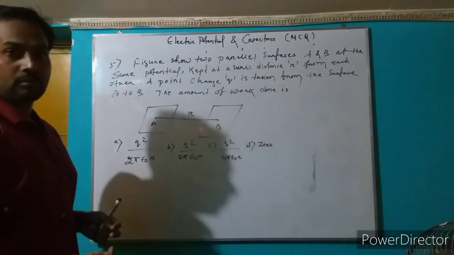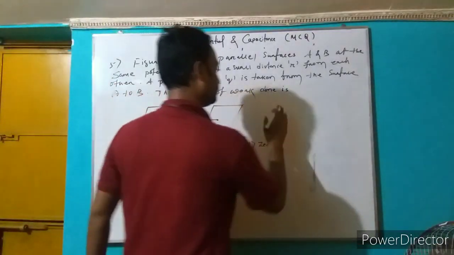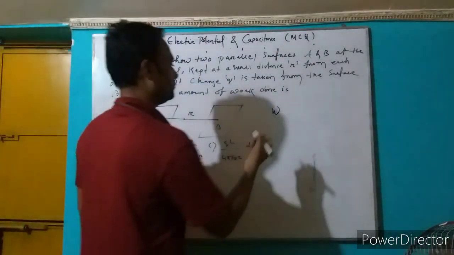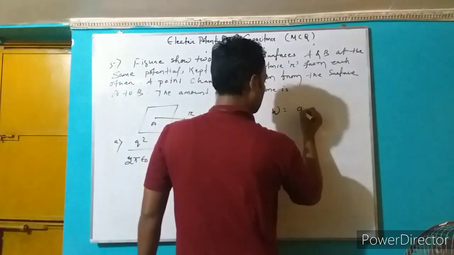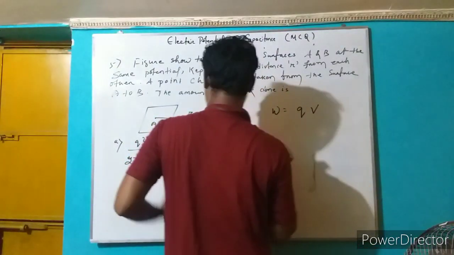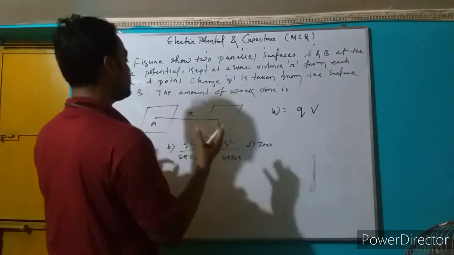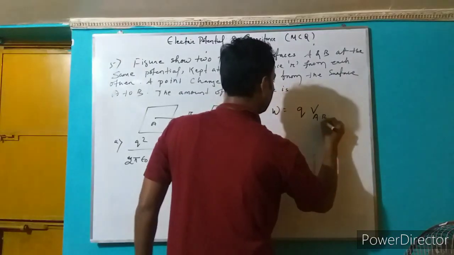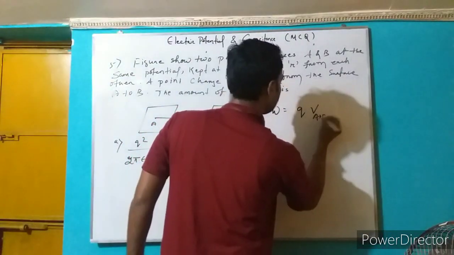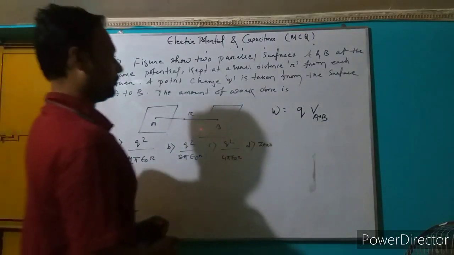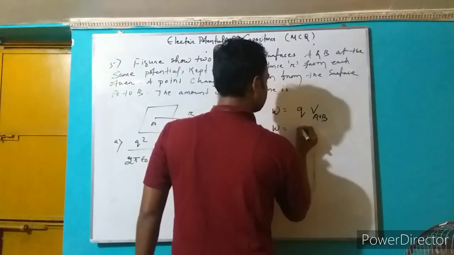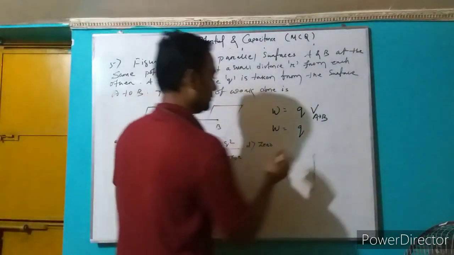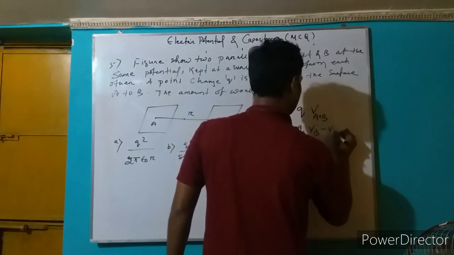So as we know, work done equals Q into V. W equals charge into final potential minus initial potential, that means VB minus VA.